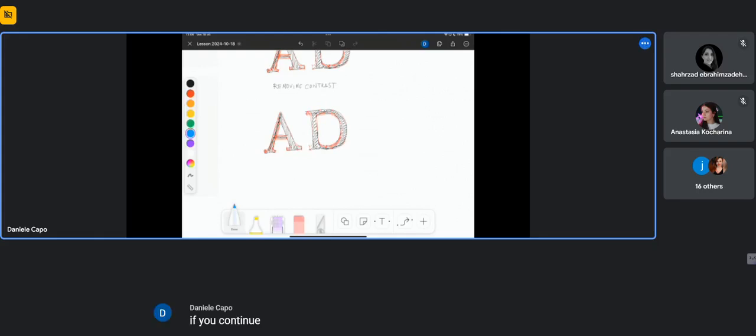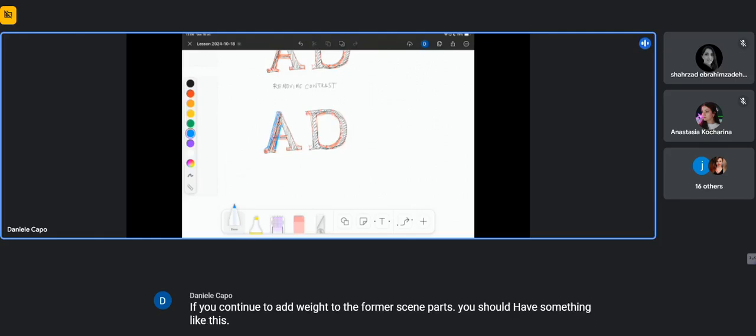If you continue to add weight to the former thin parts, you should have something like this, where now what was thin at the origin is now thick.